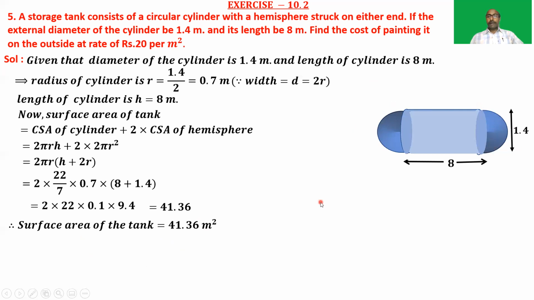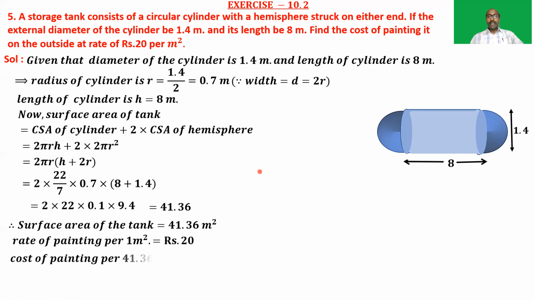But the rate of painting is 20 rupees per square meter. So the cost of painting the total tank is 41.36 into 20, because the surface area of the tank is 41.36 meters square and the rate of painting per 1 meter square is 20 rupees.